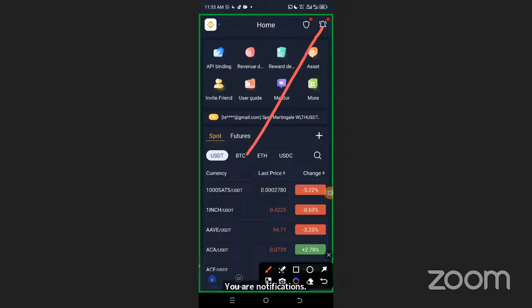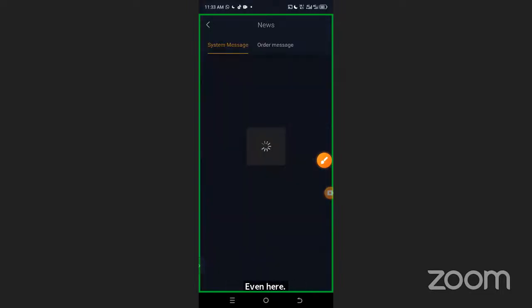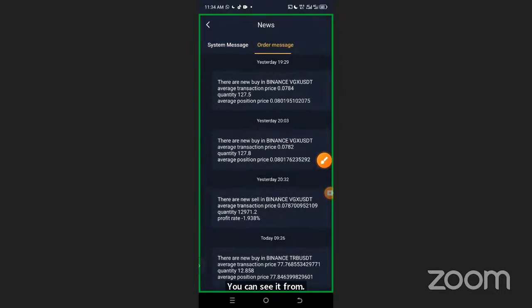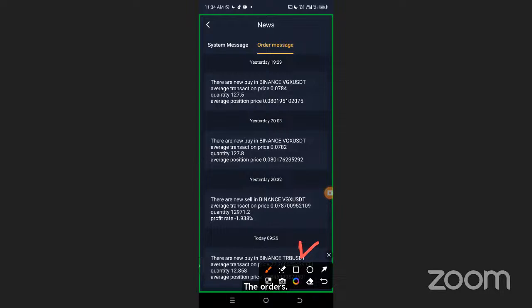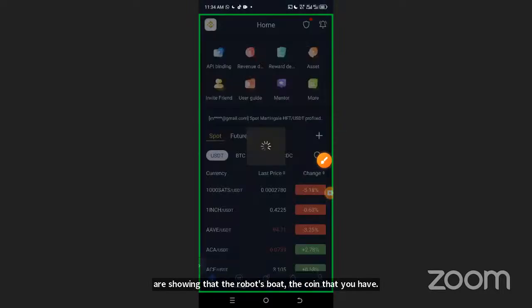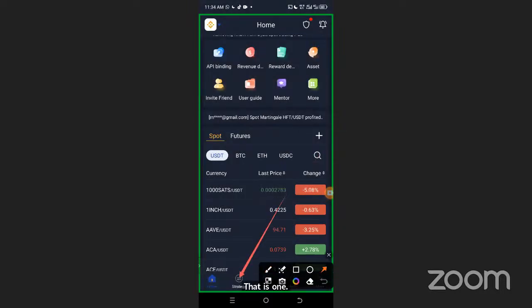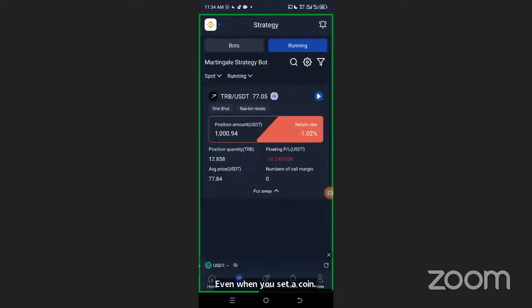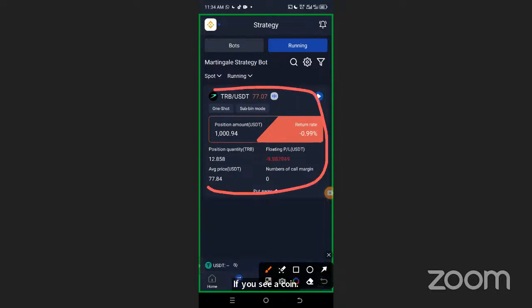Even here, you can see it from the order messages showing that the robot has bought the coin that you have set. That is one. Even when you set a coin here on strategy, then you come to running, if you see a coin in red color like this, it means the robot has already bought the coin.